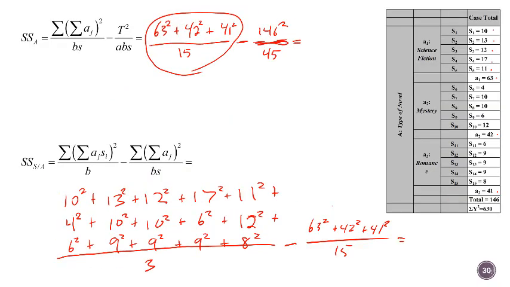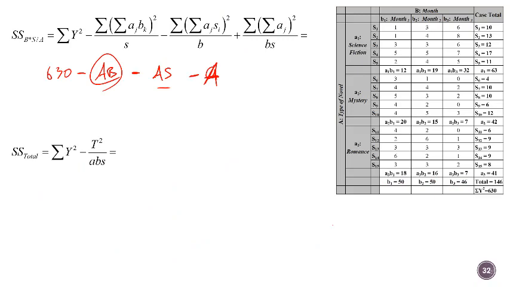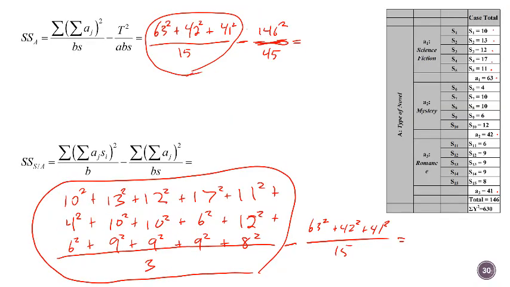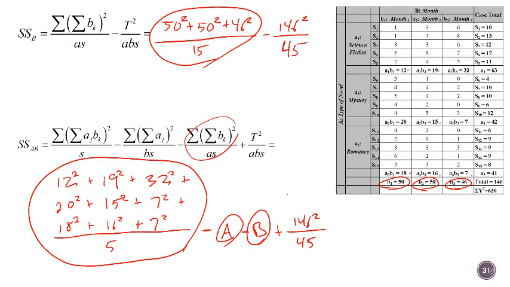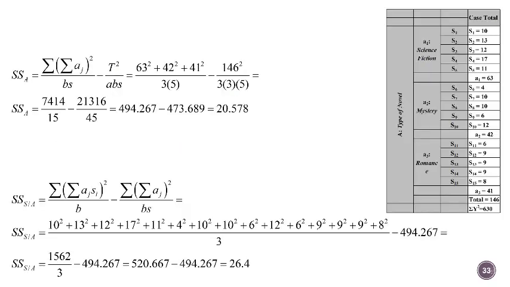Oh no, we did. AS is this whole thing, right? Yeah, and then A, we also did. It's this thing, right? So we already figured them out. And then for the total, it's the 630 minus the 146 squared over 45.